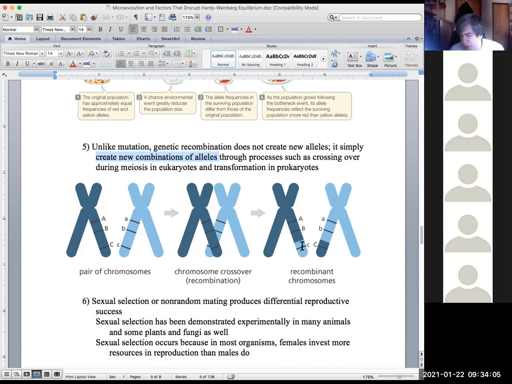And remember, in crossing over, when the chromosomes get tangled up, they get reattached, but they get reattached to the wrong sister chromatid. So after crossing over, now we have big A, big B, and little c on the same chromosome. So those 3 alleles are going to be inherited together. We have little a, little b, and big C. So those 3 alleles are going to be inherited together.